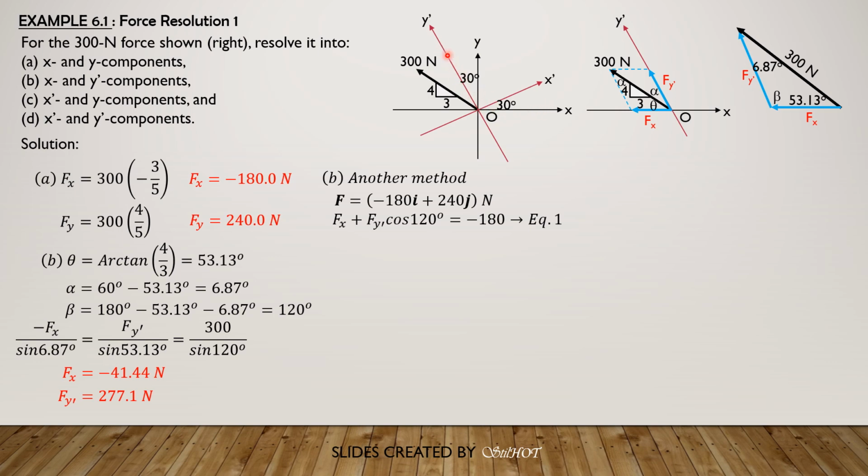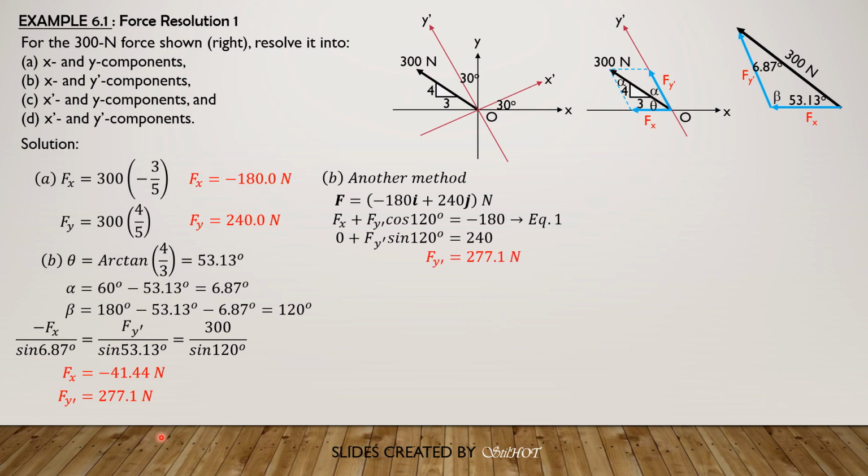So 0, there's no y component of the force along x, then plus Fy prime sine of 120 because the y prime axis makes an angle of 120 degrees with the positive x-axis, equals the y component of the original force, which is 240.